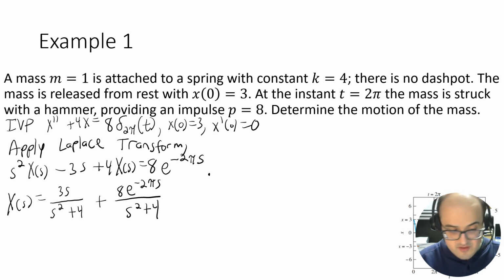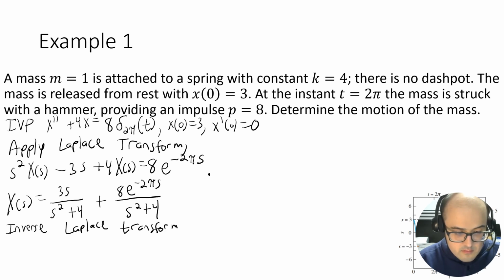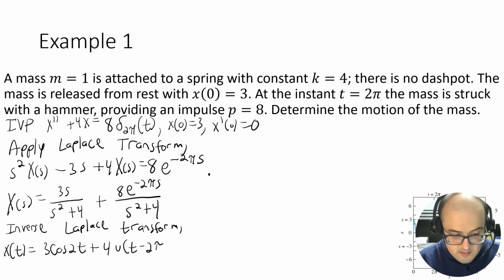So taking the inverse Laplace transform of this will produce the function x of t is 3 times the cosine of 2t plus 4 times u of t minus 2 pi times the sine of 2 times t minus 2 pi.